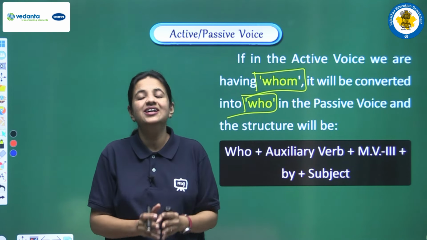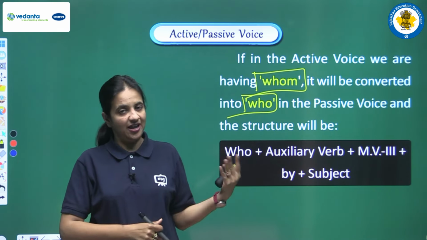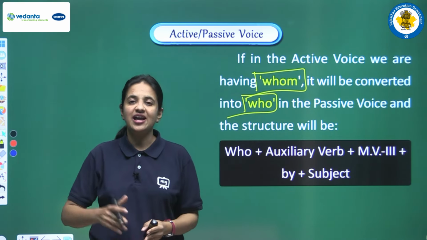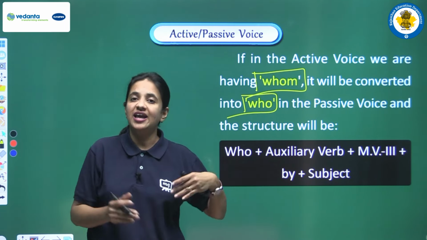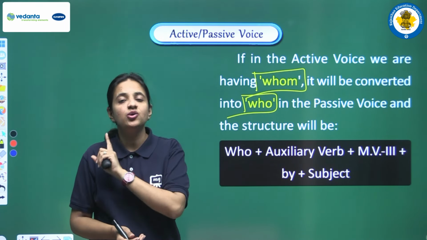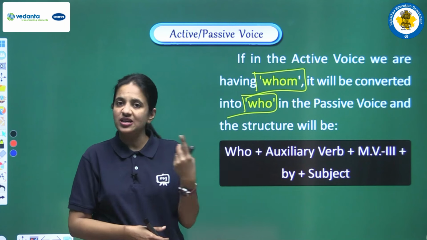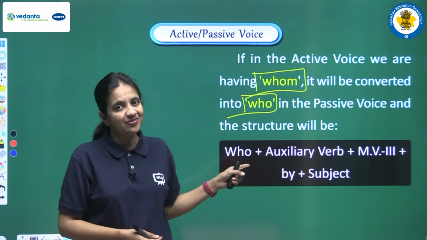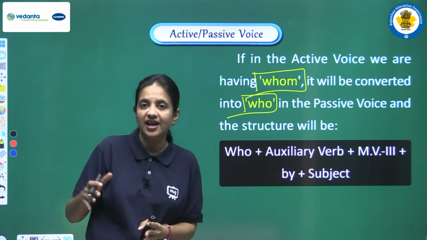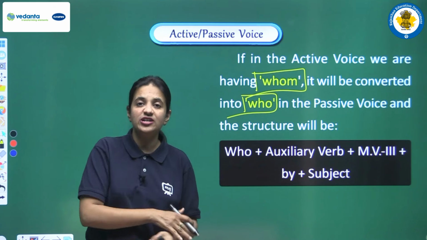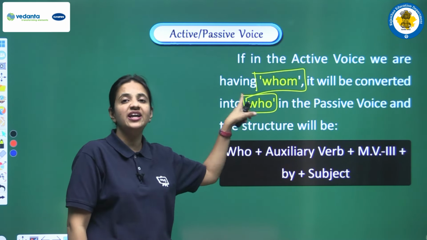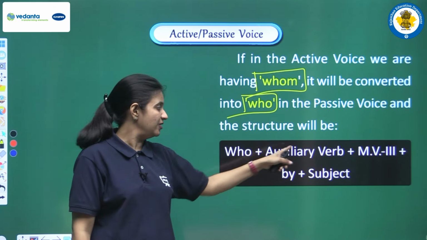This is a very interesting point. So if we are having "who" in the active voice, then in passive voice you have to convert "who" into "by whom". We have seen examples also, but now if we are having "whom" in the active voice, then in the passive voice that "whom" will be converted into "who", and this will be the structure.